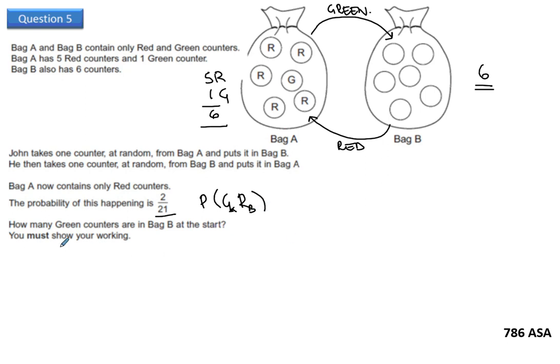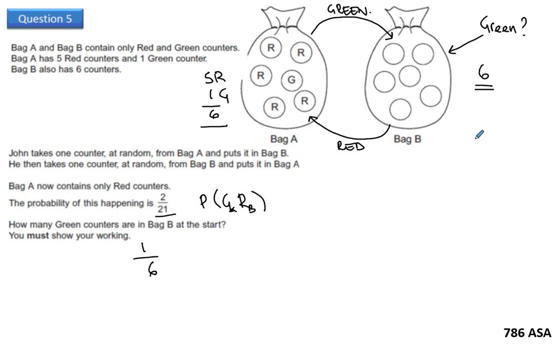How many green counters are in bag B at the start? We want to know how many green counters there were at the start, before that one went in. You must show your working. So what's the probability of a green one going from A to B? It would be 1 out of 6. Now the probability of a red one going, we don't know the number of counters there.